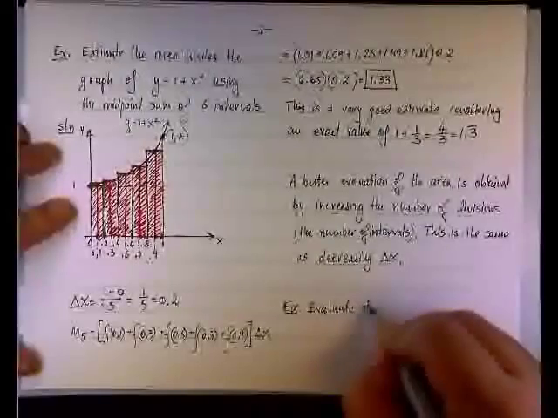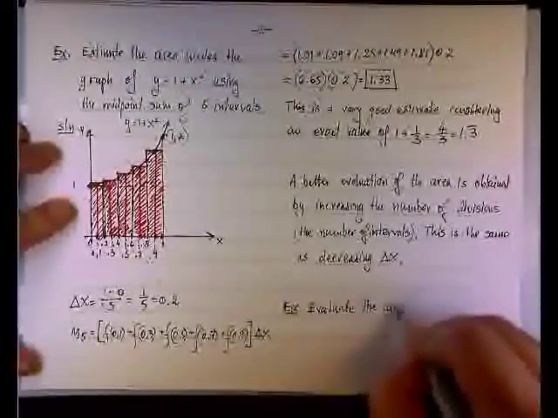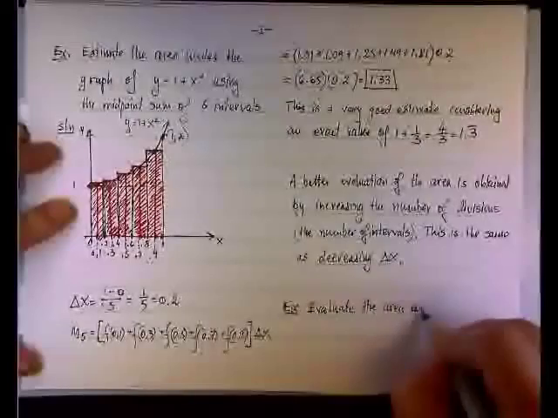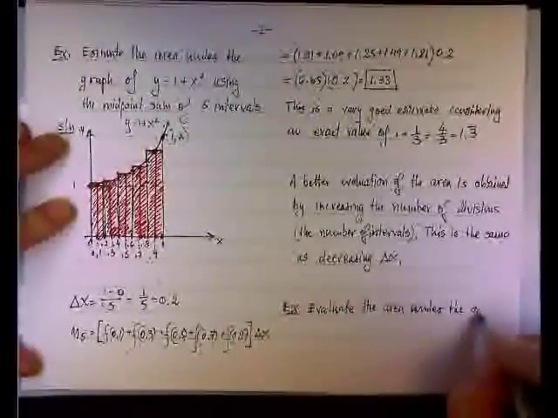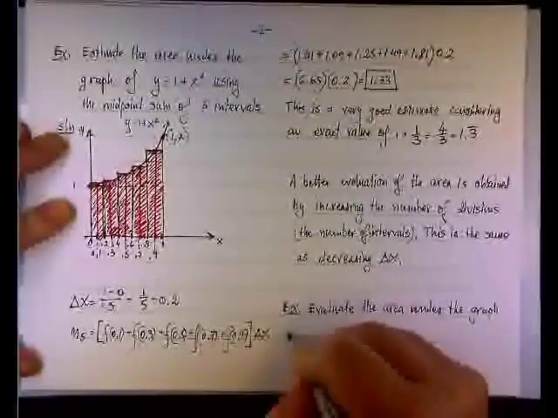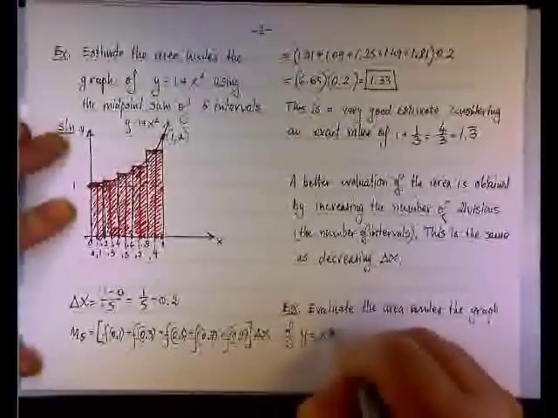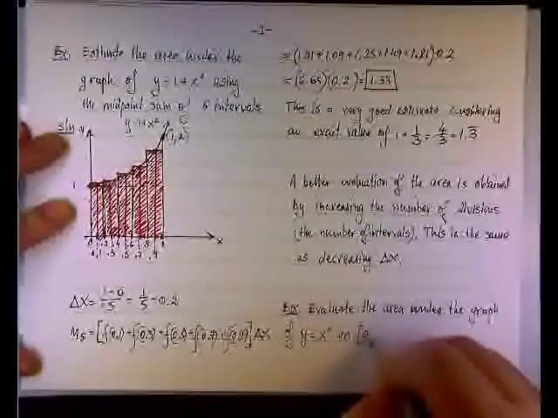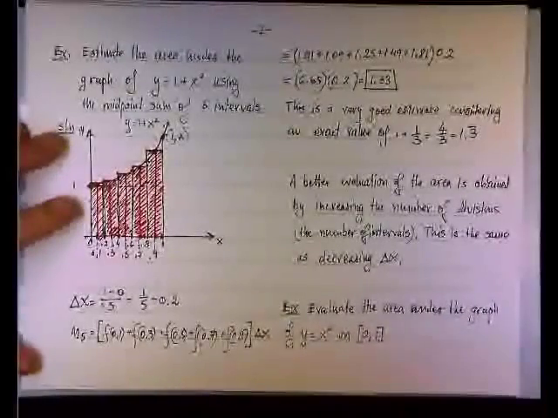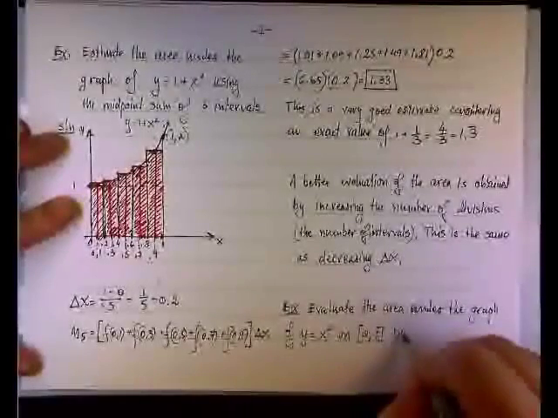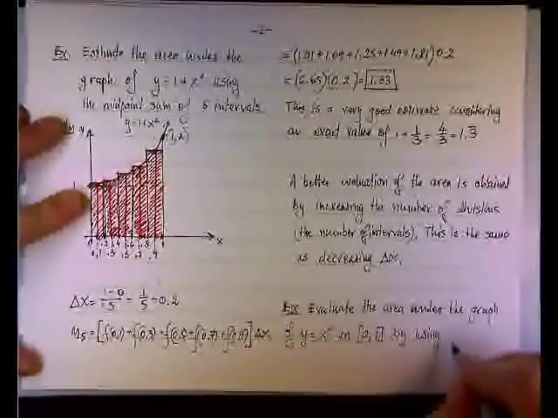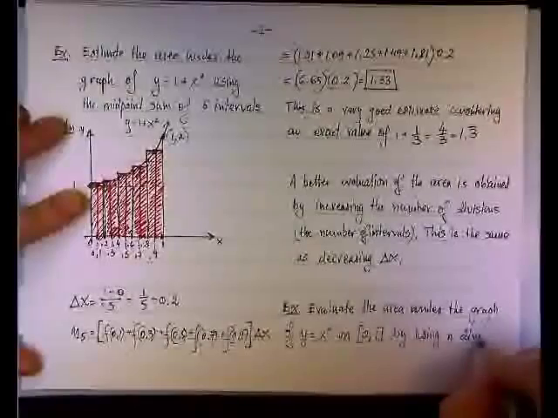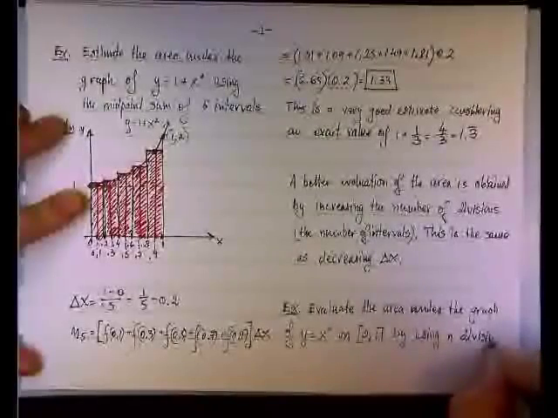So evaluate the area under the graph of y equals x squared on 0 to 1. But this time we're going to say by using n divisions or n intervals.